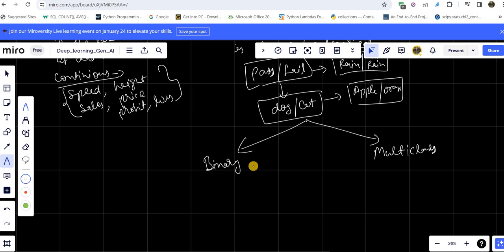Binary means in your y you have only two classes, like pass or fail. Bi means two. Multi-class is when you have more than two things to predict, like on college or school data, whether the grade of the student will be A, B or C. This is also categorical. Okay, so this is how it is segregated.